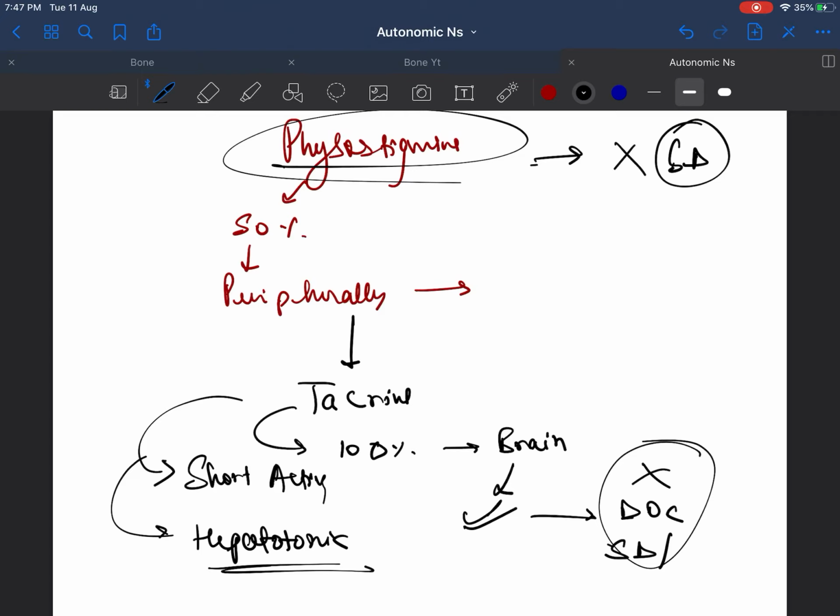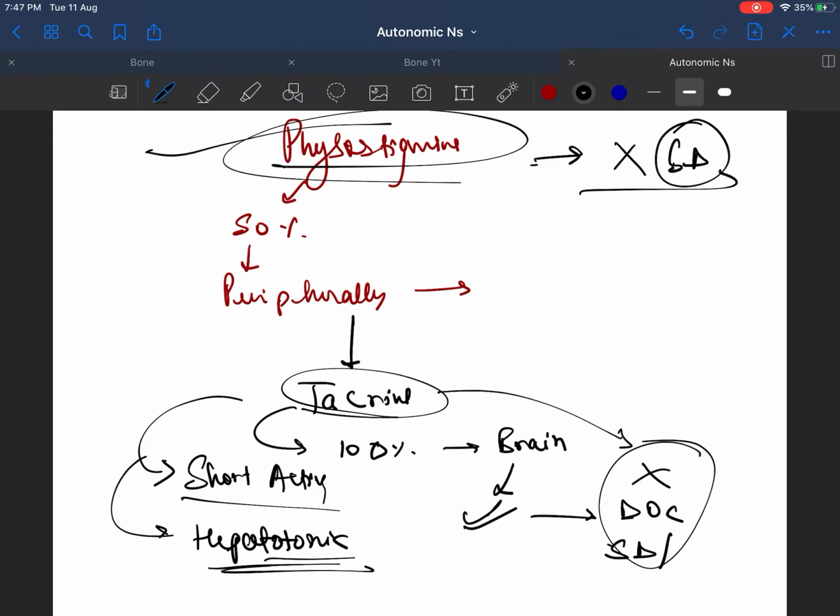So scientists thought of producing a new drug. Physostigmine did not work. We never used it for senile dementia. Then tacrine worked wonderfully, and it was the drug of choice for a period of years. But due to short action and hepatotoxicity, it is now taken off the market.